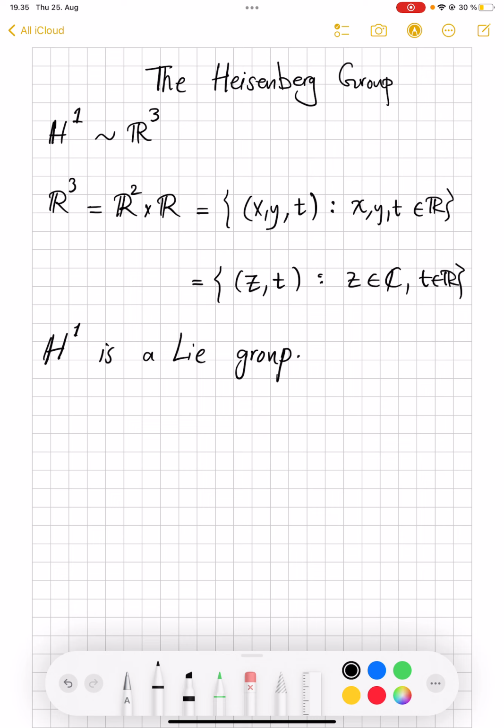So we have to talk about how you multiply two points in this space. If I take a point (a, b, c) and multiply it by (x, y, z), the result will be, of course, a new vector in H1, which is R3.